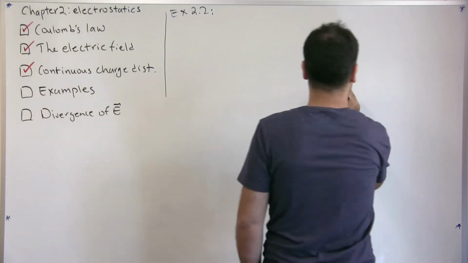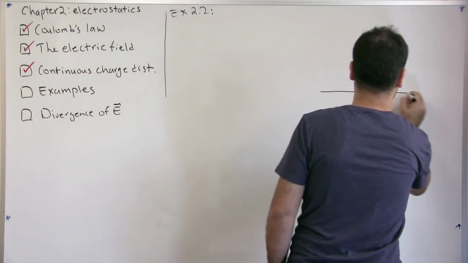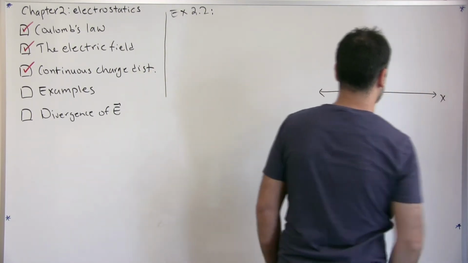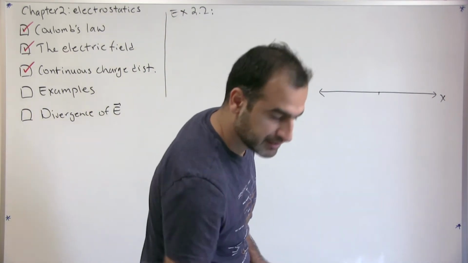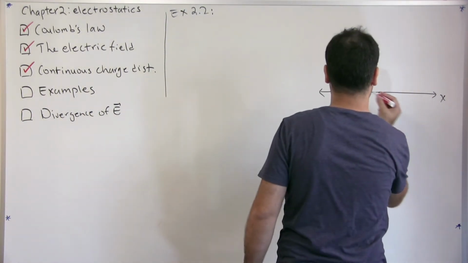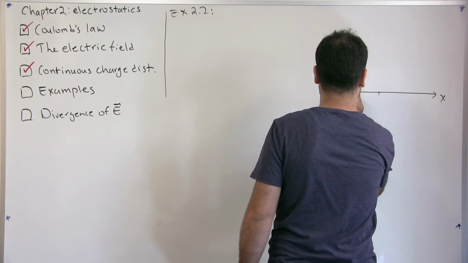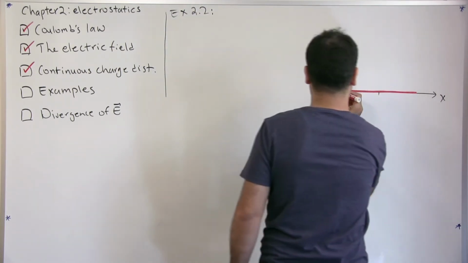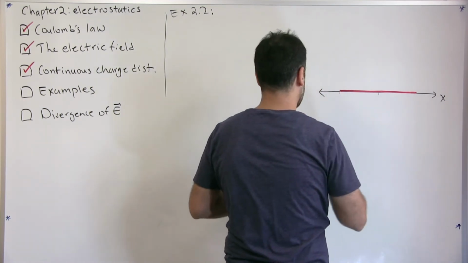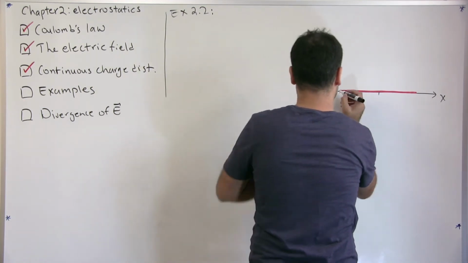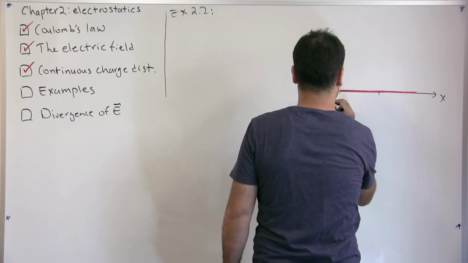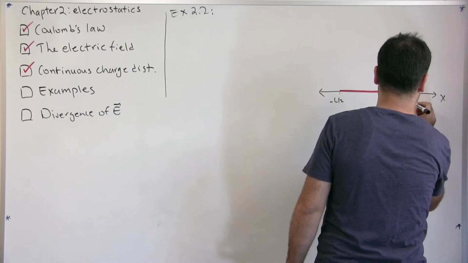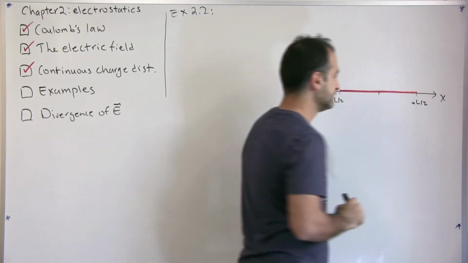We have a line charge distribution over the x-axis, and the line charge distribution has a length of L. Imagine something like this. It starts from negative L/2 all the way to positive L/2.